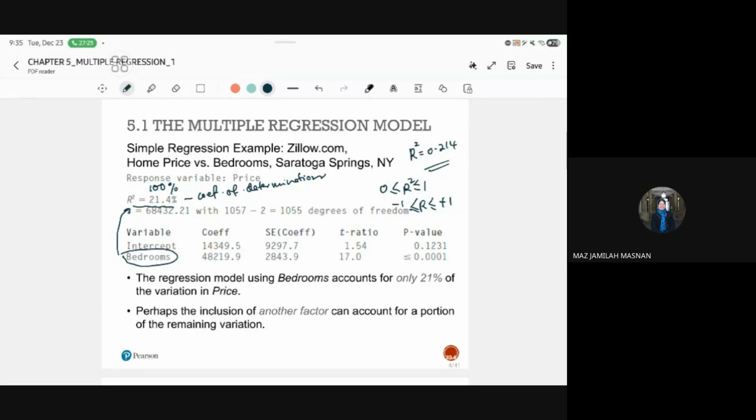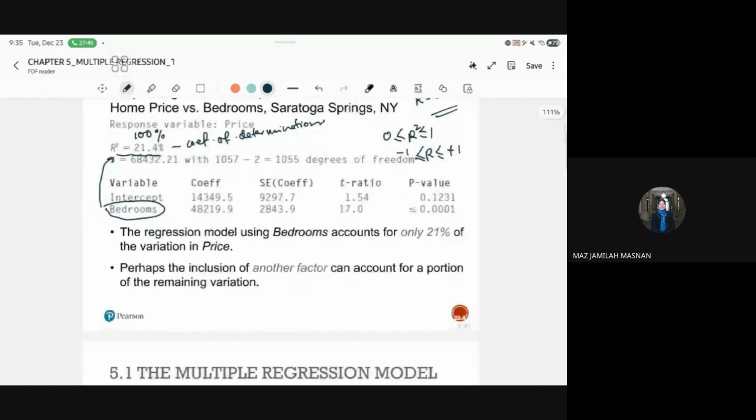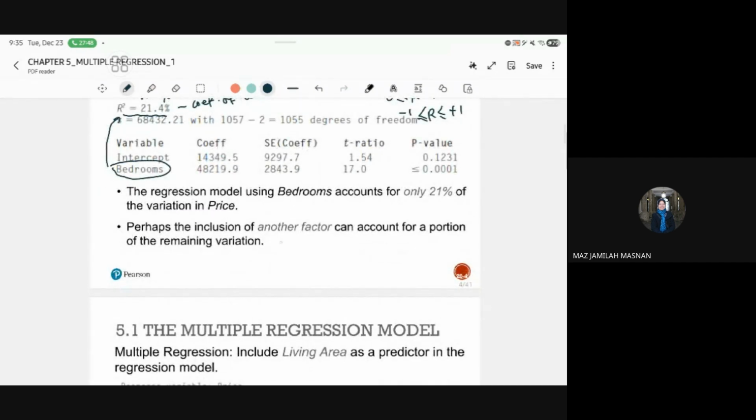In this case, bedroom can only explain 21.4% of the variation in home price. So if you rely on one independent variable, bedroom is not the correct one. But you can include another factor into your model so that you can predict home price not only based on the bedroom. It could be another independent variable that helps us make predictions on the home price.